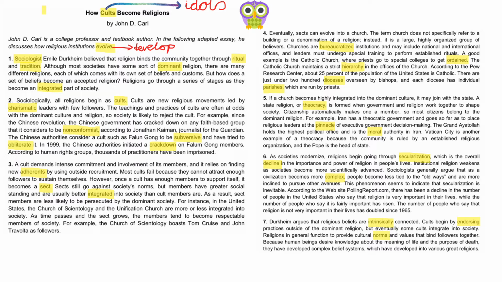You also look for words. I look for words that I find are a bit tricky to me. I underlined cults, which I already dealt with at the top, but that's important as well. Charismatic. I'm trying to find out what charismatic means.